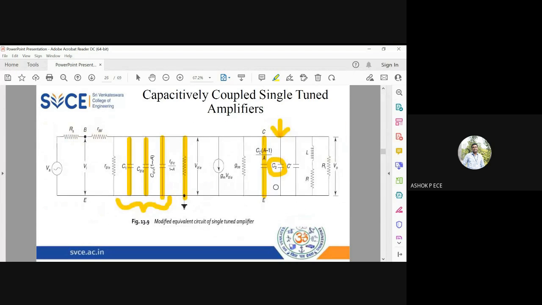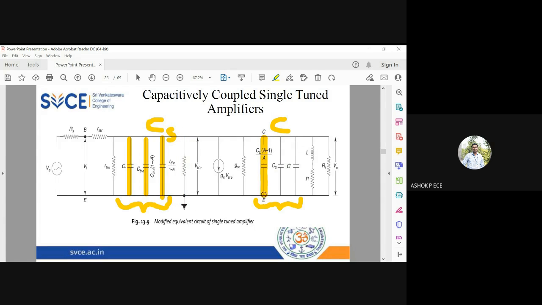Same way, on the output side, you again have three capacitances in parallel: C B dash C into A minus 1 by A, C2, and C dash. I'm going to club these three capacitances and write them as C, and the input side will be C S. I'm just combining the capacitances to simplify my diagram.